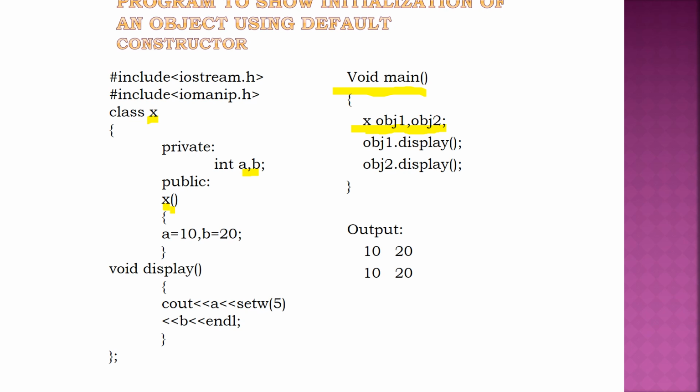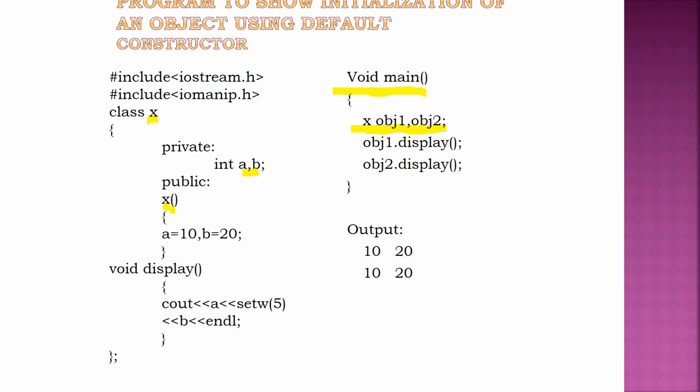Once object 1 is created, automatically the value a equals 10 is assigned. Why? Because once an object is created, the default constructor is invoked. There is no need to use any object to access the constructor.